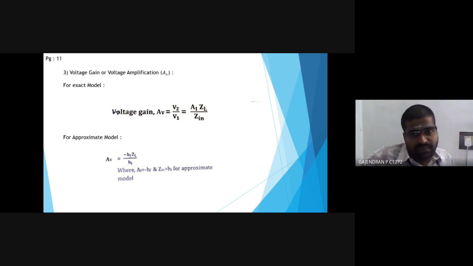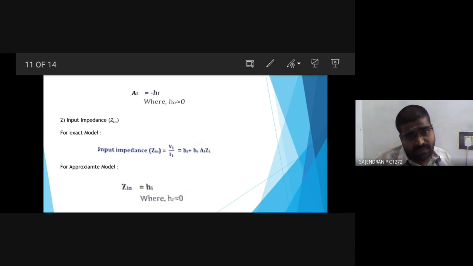And third, voltage gain or voltage amplification. For the exact model, we got the voltage gain as A1 into ZL by Zin. Here we don't have any hybrid parameters itself, but we need to convert it for the approximate model. So as I got the input impedance, as I got the current gain for the approximate model, we can substitute that here.